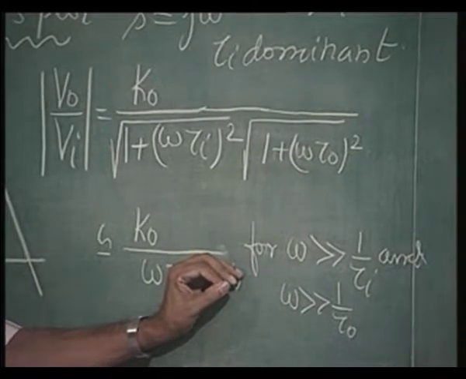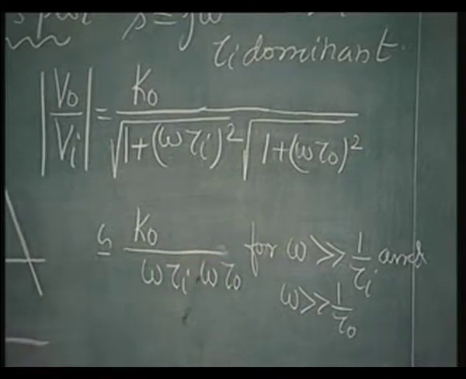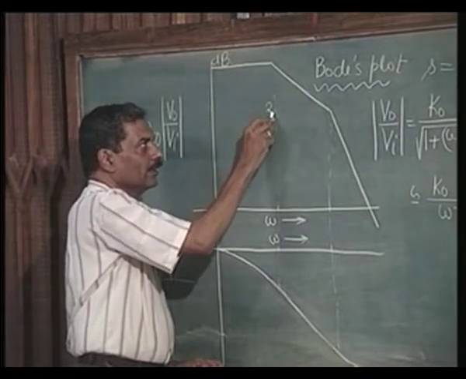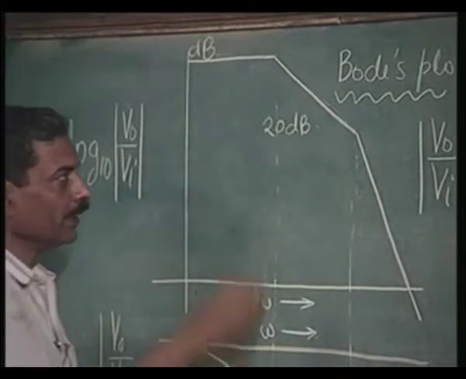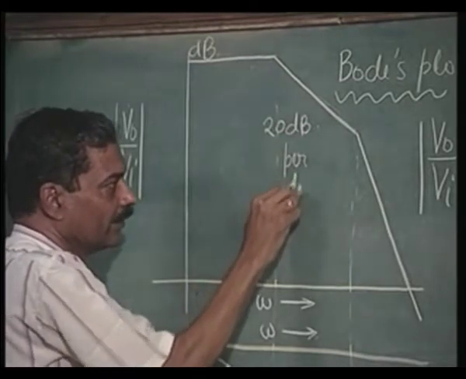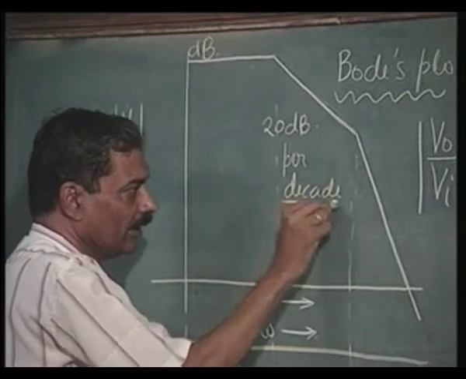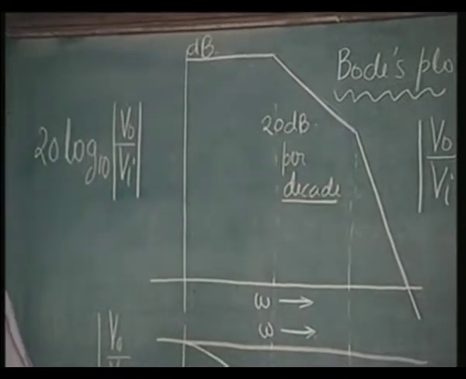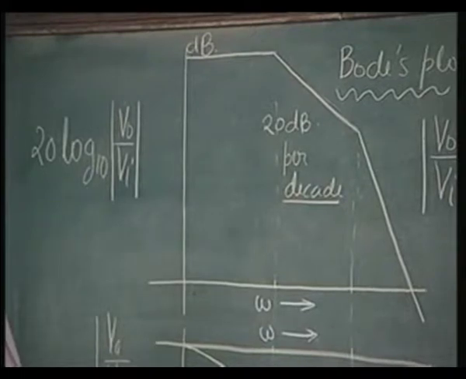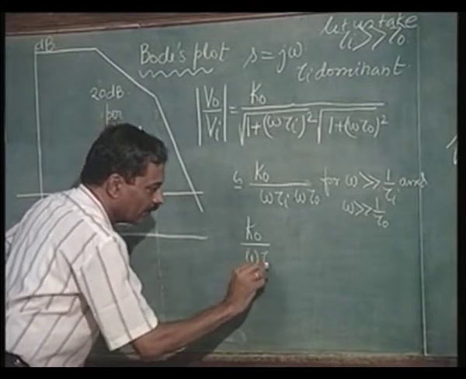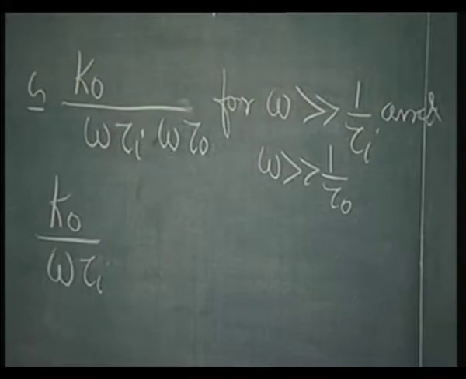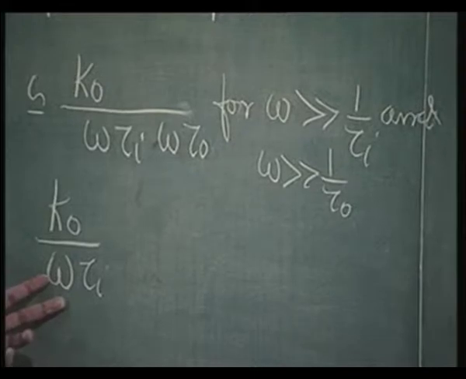If you take 20 log of this factor, then you can call this an attenuation of 20 decibels per decade. This is a commonly used term. How? We know that K naught by omega tau I is the attenuation in this range, and let omega change by a factor of a decade, that means 10.